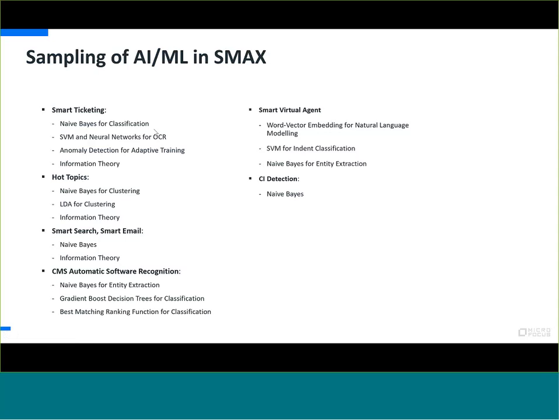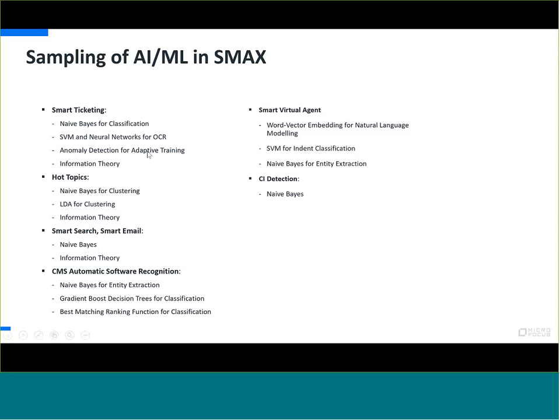There's actually a combination of algorithms and technologies that we have put into the system, such as naive Bayes for classification, anomaly detection for adaptive learning, and information theory type of algorithms as well, that all come together to result in what we see in the smart ticketing that we're familiar with.